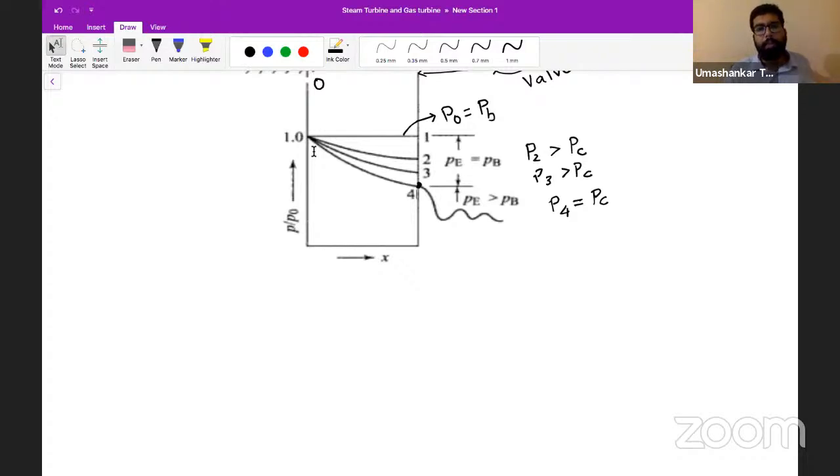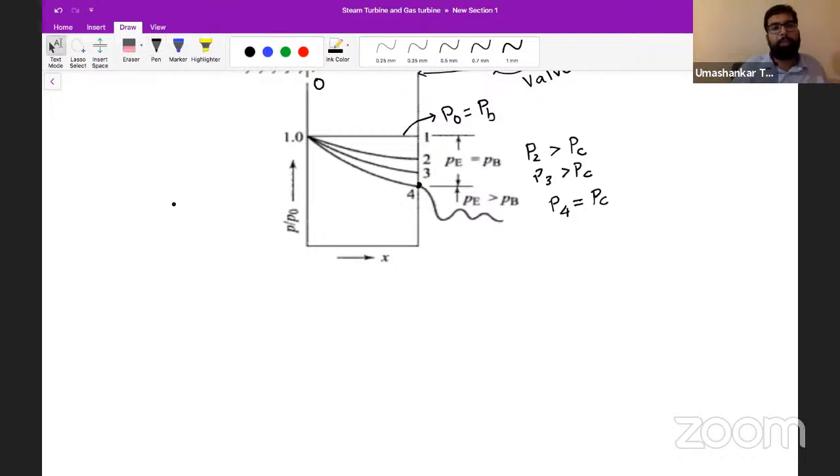We named this lecture Impulse Turbine Part 1 because the nozzle is an integral part of the impulse turbine. Without the nozzle, there is no meaning of an impulse turbine. In Impulse Turbine Part 1, we also explained how the nozzle should be designed in the impulse turbine.